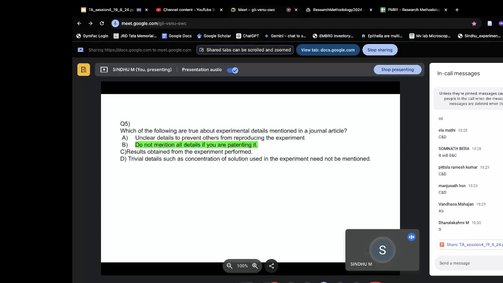So the correct answer is C. I think here I have not marked properly, but C is also correct here.